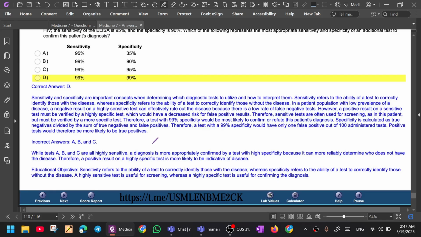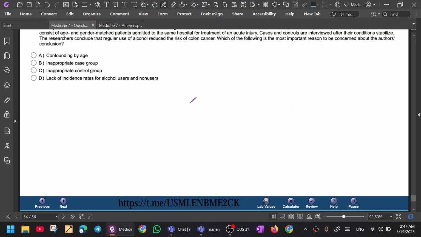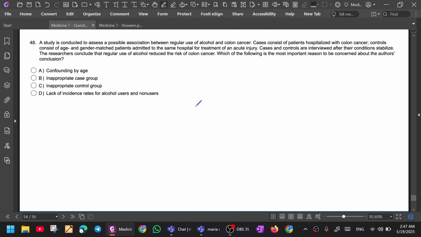Okay. Which of the following is the most important reason to be concerned about the author's conclusion? Not the biostats. A study is conducted to assess a possible association between regular use of alcohol and colon cancer. Cases consist of patients hospitalized with colon cancer.